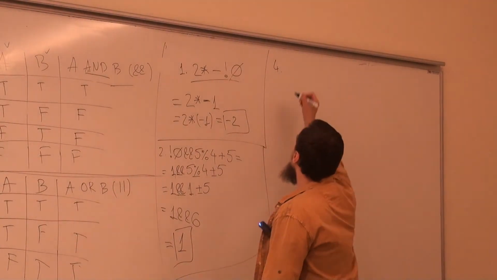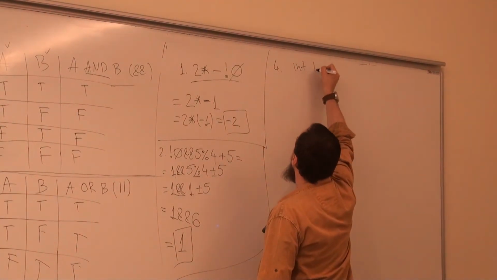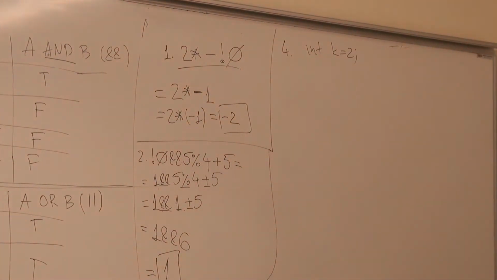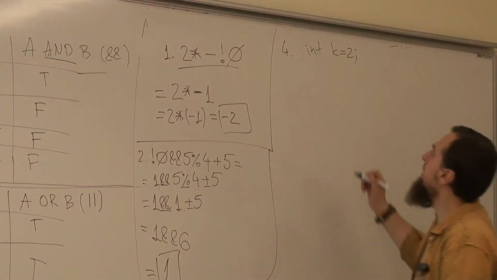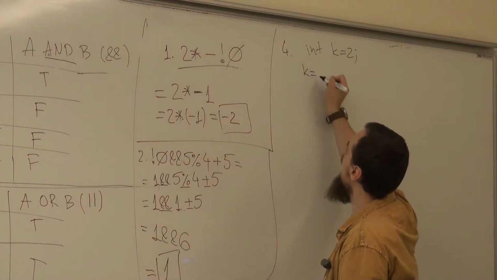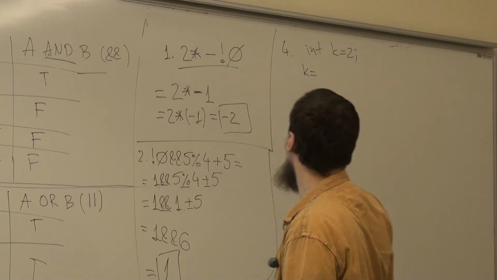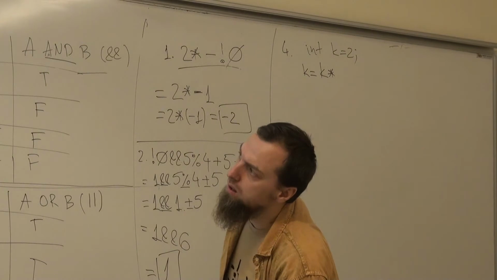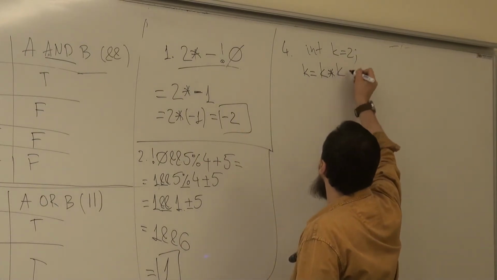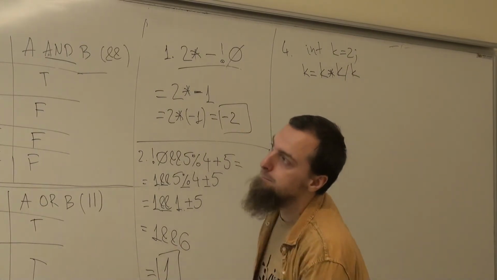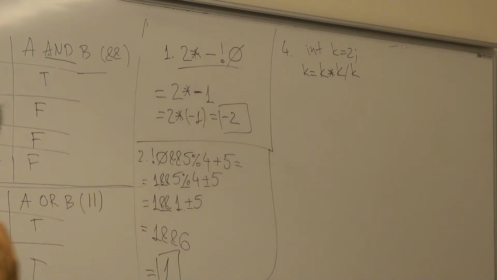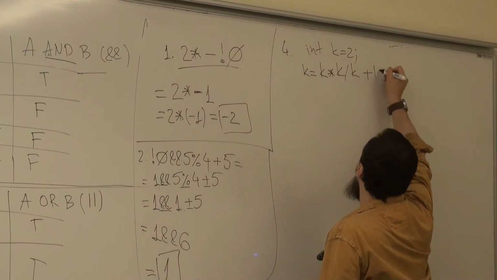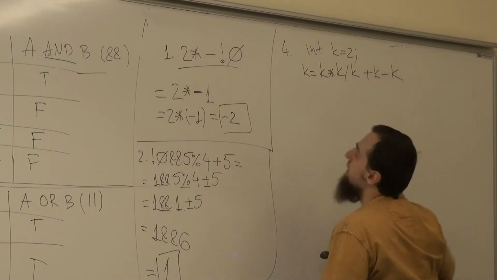We have an integer value, k, which is equal to 2. And we have this expression here, saying that k is equal to k multiplied by k, divided by k, plus k minus k.